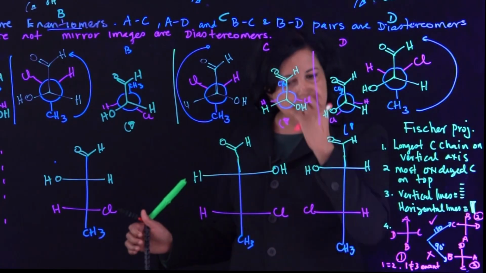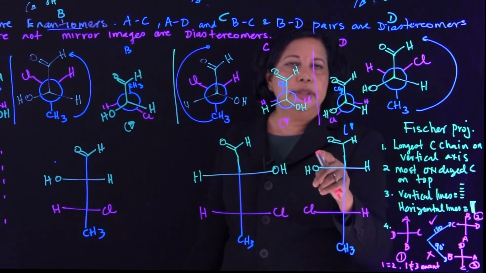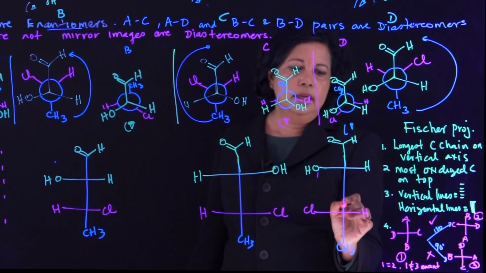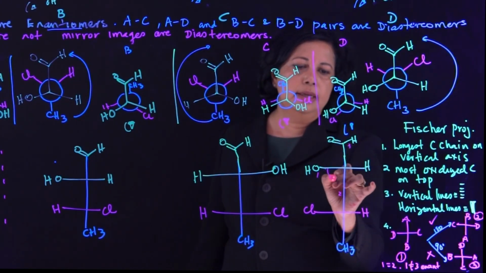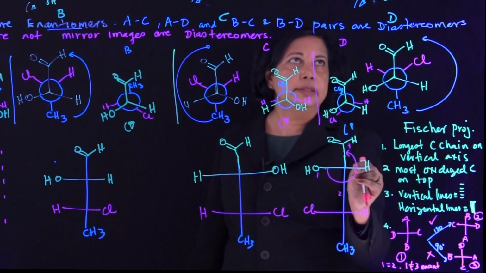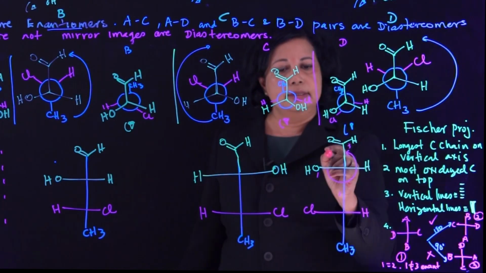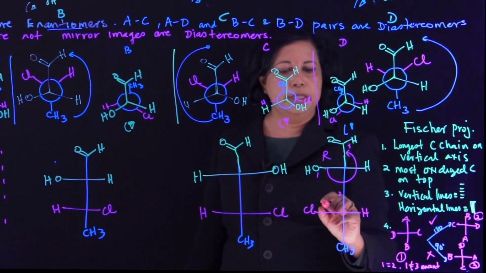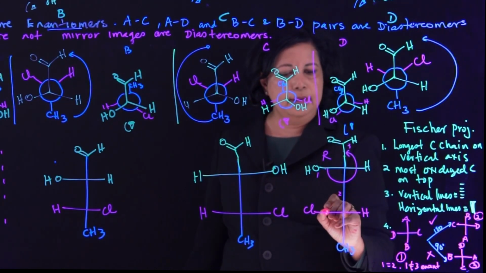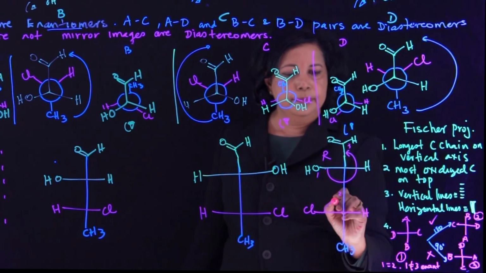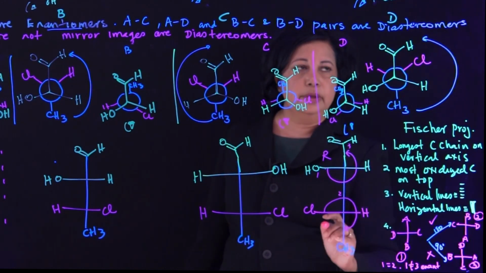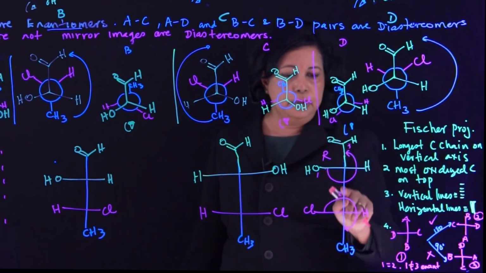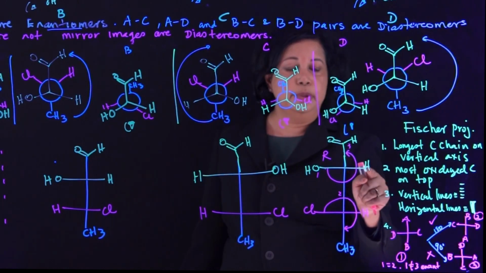If you want, you can make sure that these are correct by doing an R and S test. So this is going to be 1, 2, 3, and so this is coming out, and so therefore this is an R. On the Fischer projection, it would be the opposite of what you have on your Kroninger-Prelog rule, because hydrogen will always be on a wedge, because the carbons would be on the vertical line, so these hydrogens would be on a wedge.